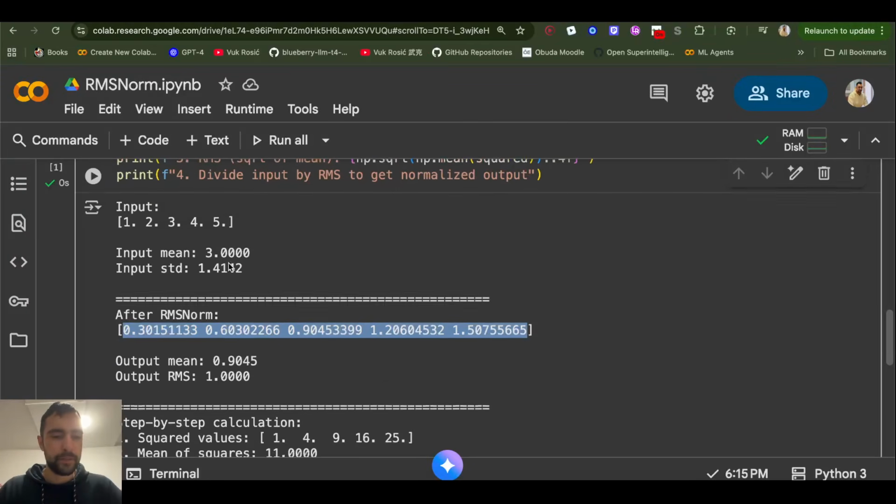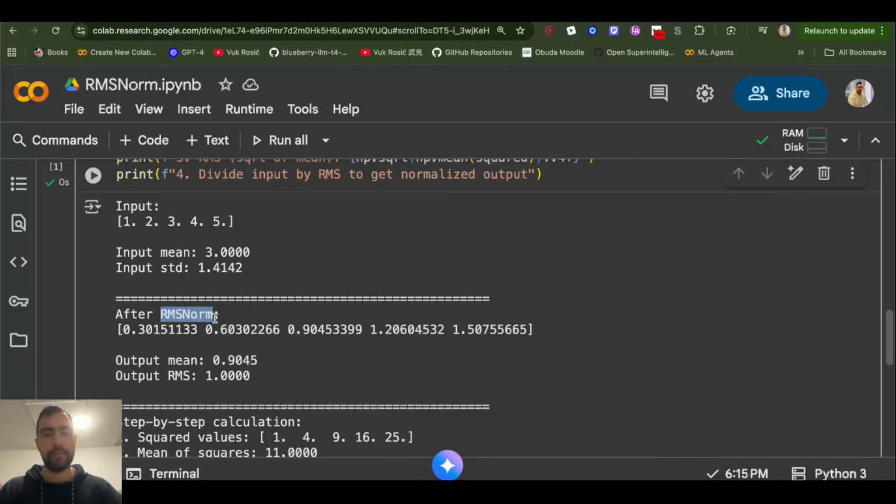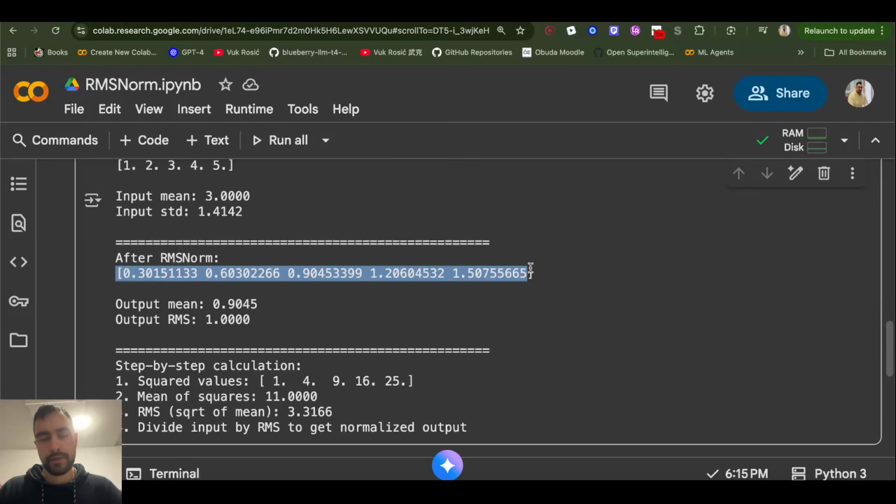In large language models, this RMS norm is applied before every attention block or feed-forward block, and it's used in a lot of other models, especially transformers and other similar models. Because numbers around 1 make neural network training better, faster, less unstable, with fewer issues with exploding and vanishing gradients, etc.